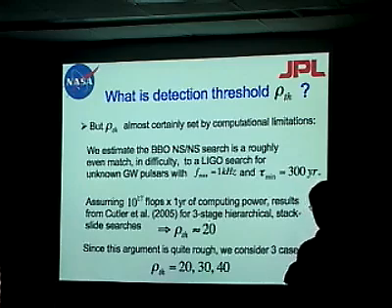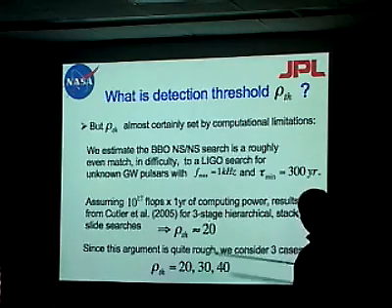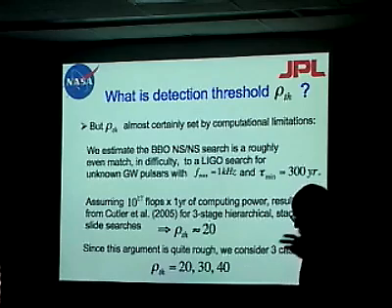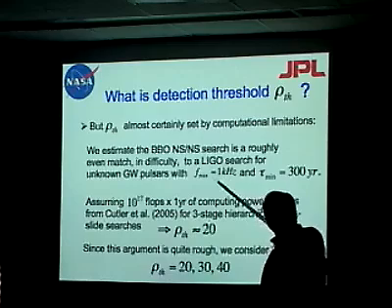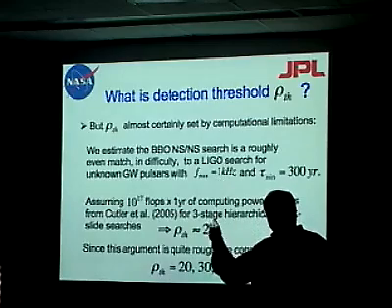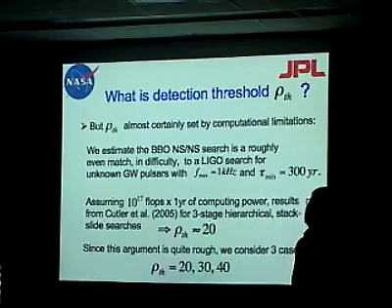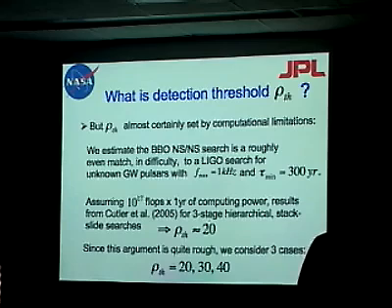My best estimate is that the search for neutron star binaries in BBO data is about as hard as the search for unknown pulsars up to a frequency of 1 kilohertz, spinning down on a time scale as fast as 300 years. There's a hand-wavy argument in the paper that asserts that.